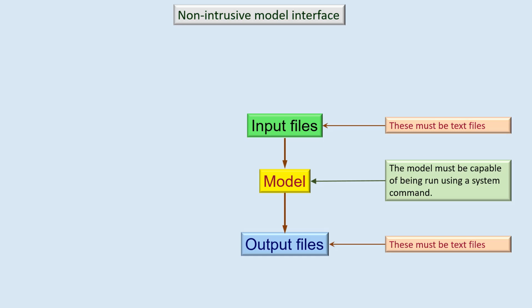So these are the fundamental requirements. Text input and output files, at least the ones that PEST uses to interact with the model, and the ability to run the model using a system command. The model cannot be concealed behind a graphical user interface in a way that it cannot be run on its own.